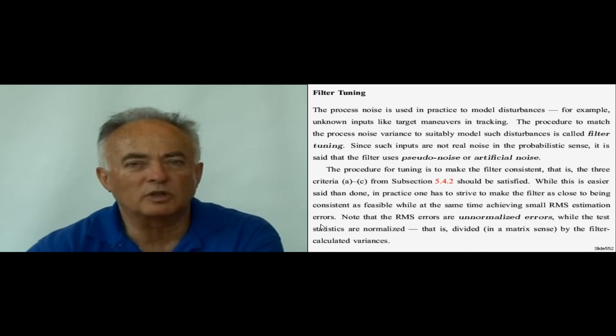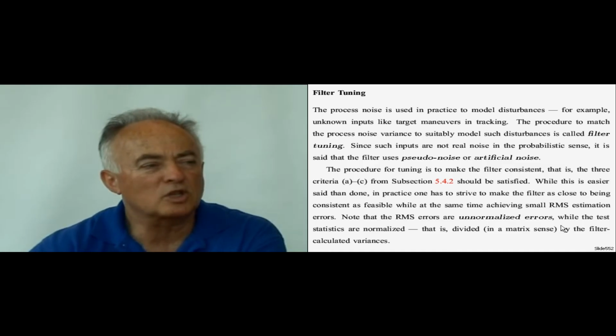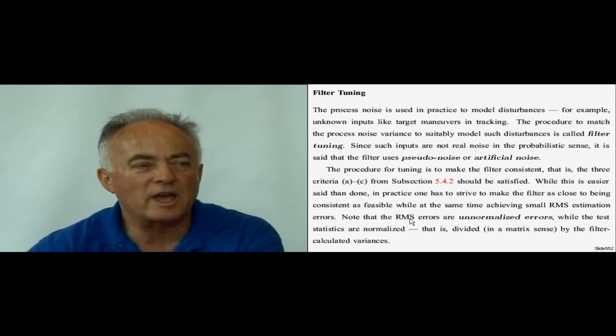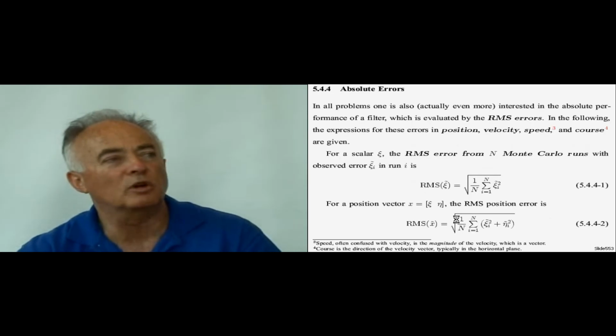So what you want is to reduce them so they are within the acceptable range, more or less. You cannot always do it, but at the same time you have to take a close look at the actual root mean square errors, the unnormalized errors. So the tests use normalized errors divided in a matrix sense by the filter calculated variances. We want them within an acceptable region, more or less, and we want the unnormalized absolute errors to be small.